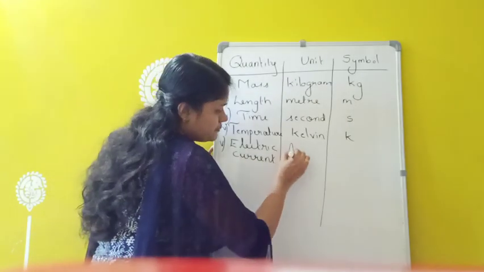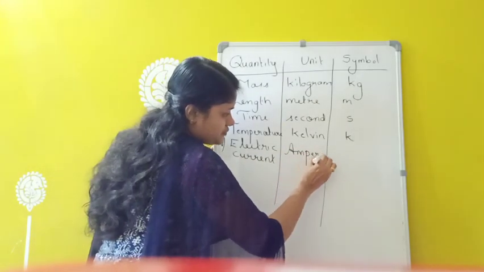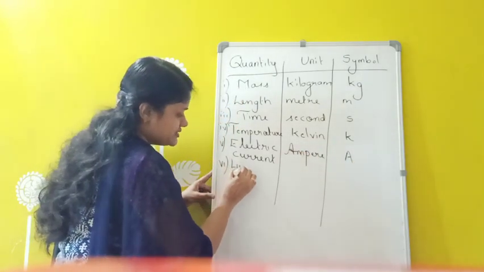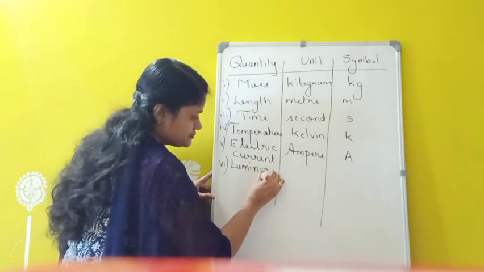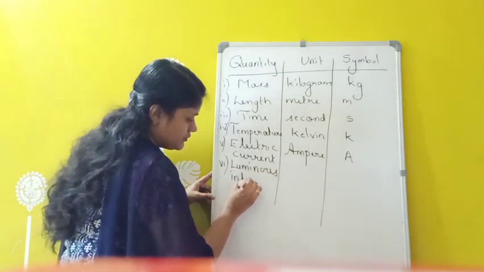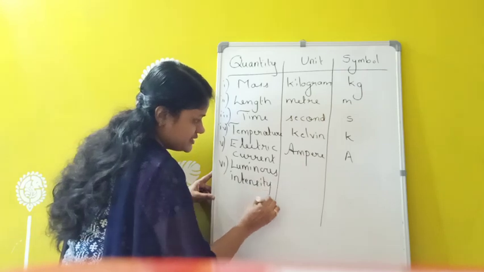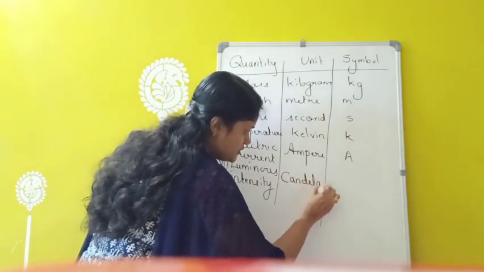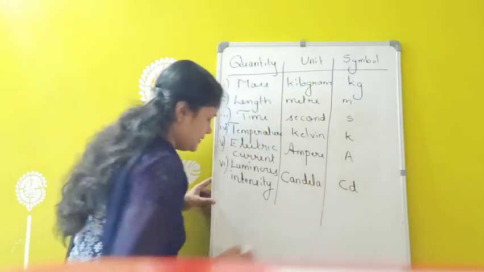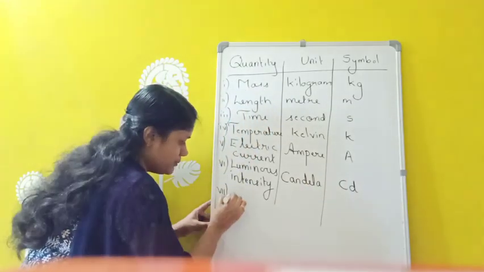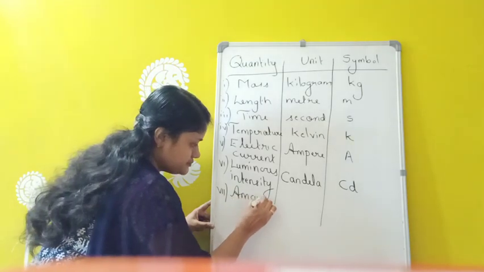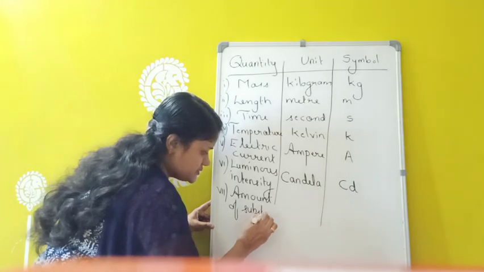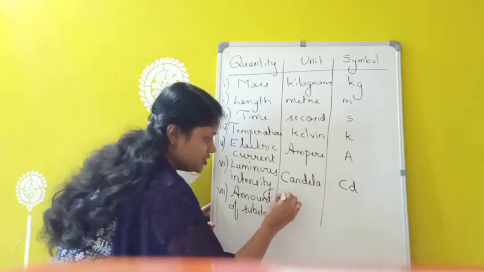Then fifth one, electric current. Unit is ampere. Symbol is A. Sixth one, luminous intensity. Unit is candela. Symbol CD. Then seventh one, amount of substance. Unit is mole.